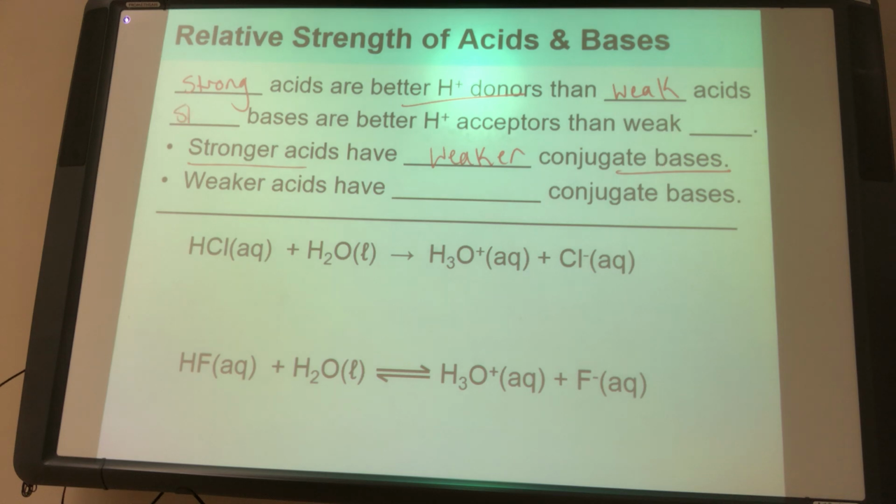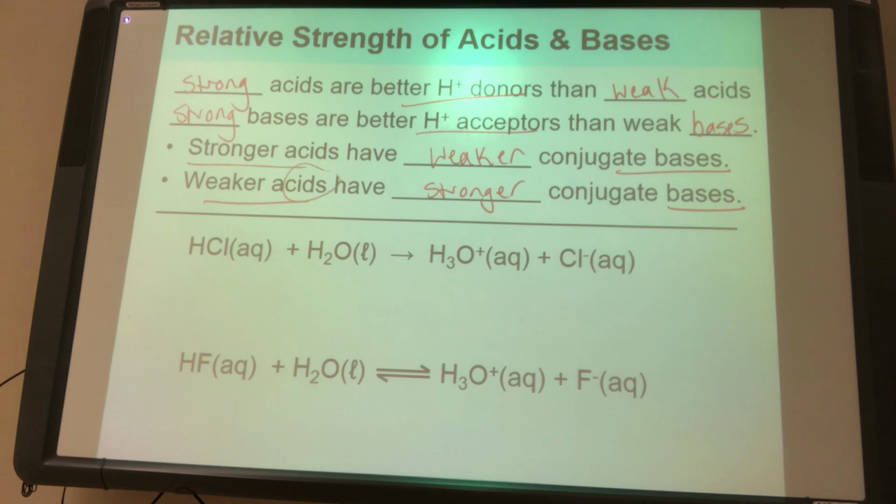All right, strong bases are better acceptors than weak bases. Okay? So if I have something that's weak, base or an acid, doesn't matter. In this case, I'll say if I have a weak acid, my conjugate is a base, because it's always the opposite. If one's gaining, one's got to lose, and so on. If it's a weak acid, then it's going to be a stronger conjugate base. Okay? So it's always the opposite.